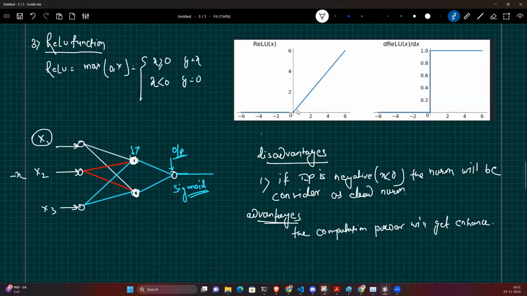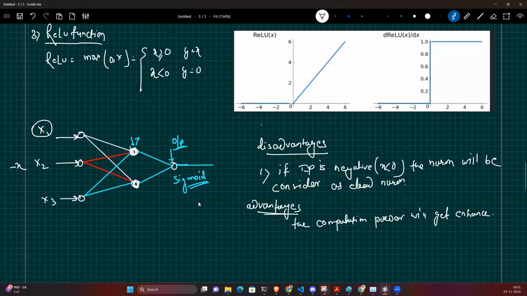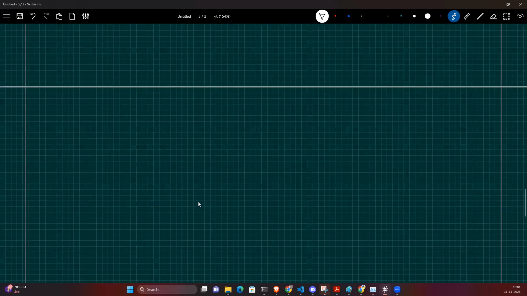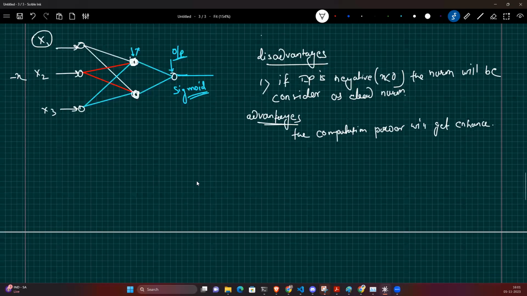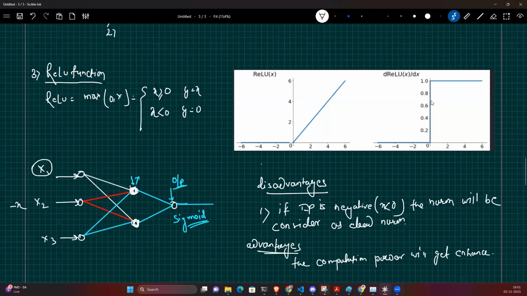That's why I always put both the function graphs. Usually we call this graph a step function. A step function is generally like this. But this is not a step function. This value is static. The value will lie between 0 and 1.